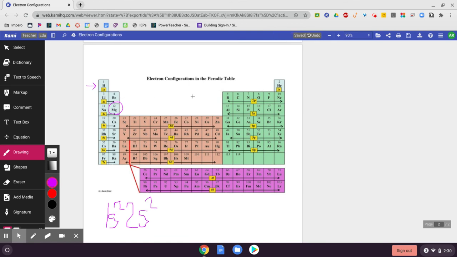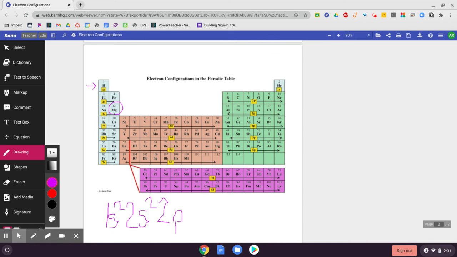And we keep moving straight across row 2, but now I hit a new block. My color changed. So I need to say that we are now in a p orbital, and we're filling up p orbitals because we hit p block. But we're still in row 2. So the 2 doesn't change, but the kind of orbital does.